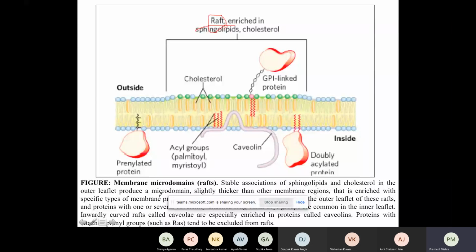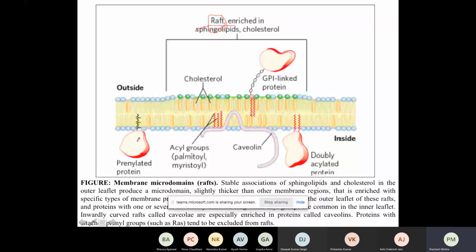So with this, I'm going to stop. Okay, one more thing over here is that suppose something is a protein attached with the membrane and does not have any specific enrichment of sphingolipid or cholesterol, we do not consider it under the raft. So it will be excluded from the raft.